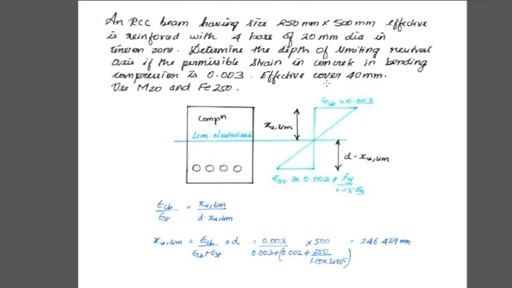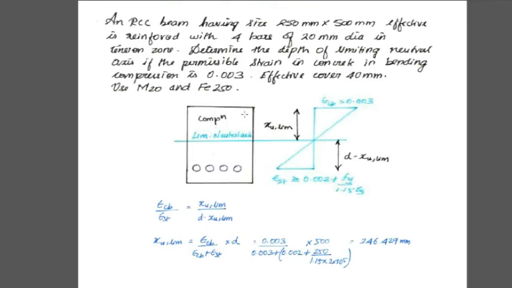They are asking for the depth of the limiting neutral axis. So here they are giving us that the strain in bending compression is 0.003, and epsilon st, as we saw in the last class, is greater than or equal to 0.002 plus fy divided by 1.15 into Es, or else 0.002 plus 0.87 fy by Es.